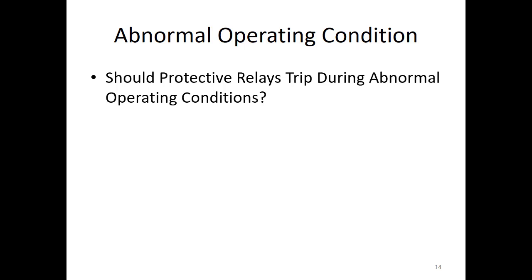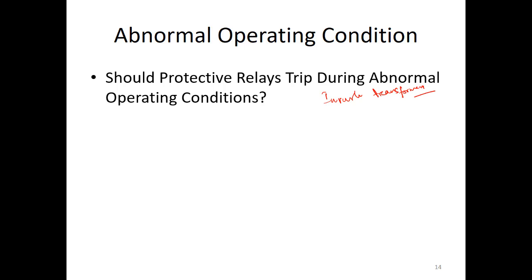If the abnormal operating condition is leading towards some kind of instability, then obviously it should trip. But unless that, it should not trip, because there are certain abnormal conditions that happen, like the inrush magnetizing current in a transformer. It is very high, sometimes it becomes more than the fault current, right?